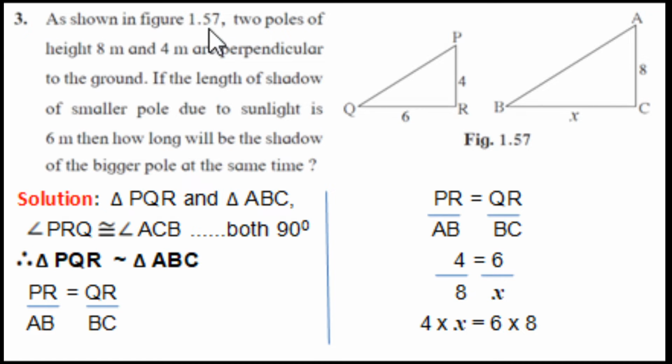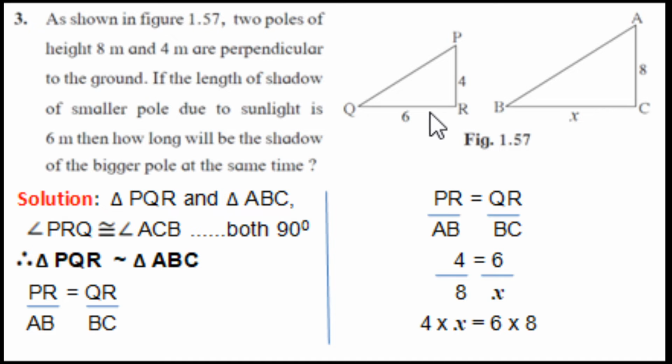In figure 1.57, two poles of height 8 meter and 4 meter are perpendicular to the ground. This is the smaller one, height 4 meter, and the bigger one, height 8 meter. If the length of the shadow of the smaller pole due to sunlight is 6 meter, how long will the shadow of the bigger pole be at the same time?